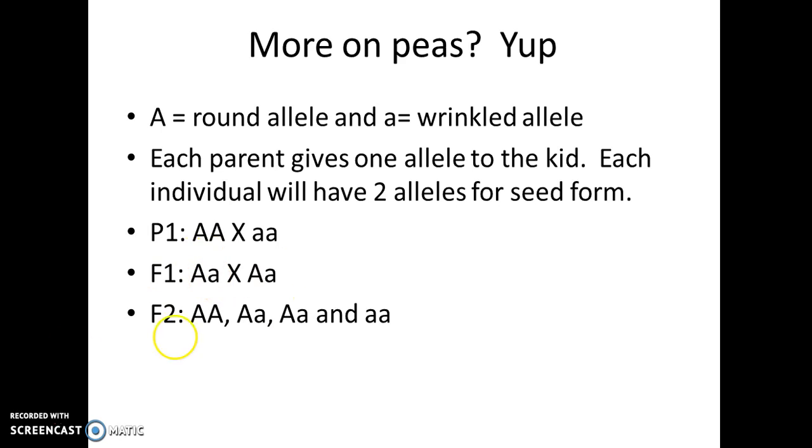So when we cross that, we got the big A come down here, we got the big A from here, we got the big A, little a, we got the big A, little a, and then the little a, little a. So we ended up with 1/4, or 1 out of 4, homozygous round, 2 out of 4, or 1/2, heterozygous, and 1 out of 4 homozygous wrinkled. That's the FOIL method they use, by the way.